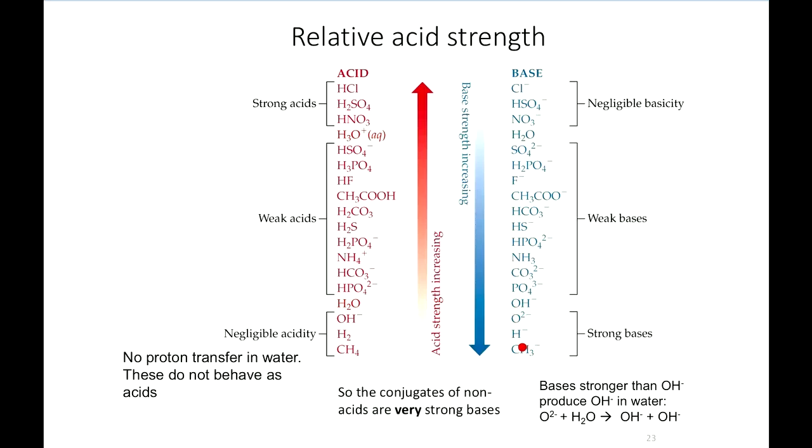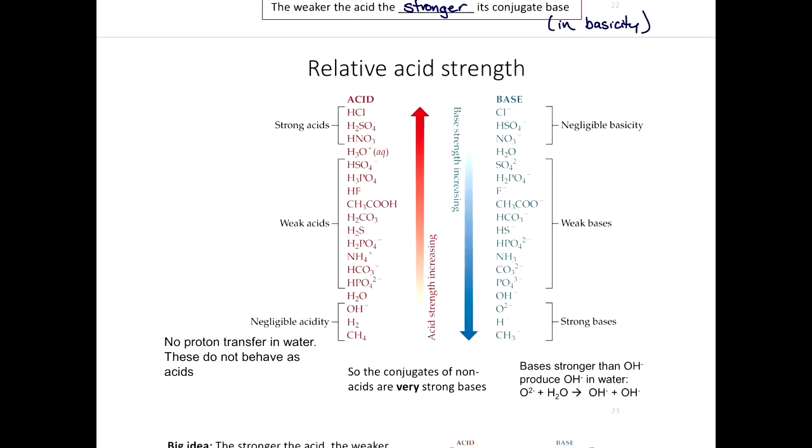They're going to really readily accept a proton. So the conjugates of non-acids, things that aren't acidic at all, are going to be very strong bases. That's why we see hydroxide here and some other substances that are very strong bases and accept protons readily. So that's how we read this table.